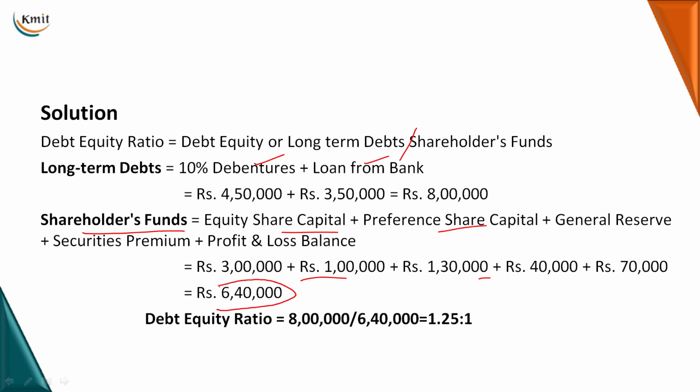It amounts to rupees 6,40,000, whereas long-term debt amounts to rupees 8 lakhs. Substituting in the formula, the resulting ratio is 1.25:1. But the standard ratio to be maintained is 1:1, so the calculated ratio is not meeting the standard here.